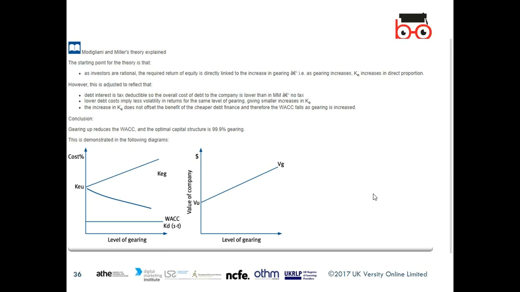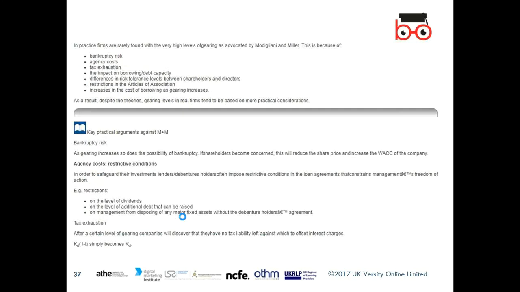Therefore, the weighted average cost of capital falls as gearing increases. So gearing up reduces the weighted average cost of capital, and the optimal cost of capital is at 99.9% gearing. To demonstrate, in the following diagram we can look at the value of the company against the level of gearing, and the level of gearing against the weighted average cost of capital. This will help to measure the risk.